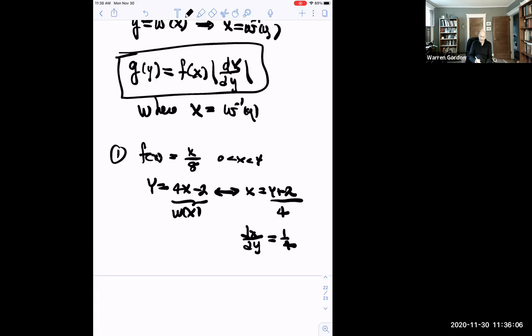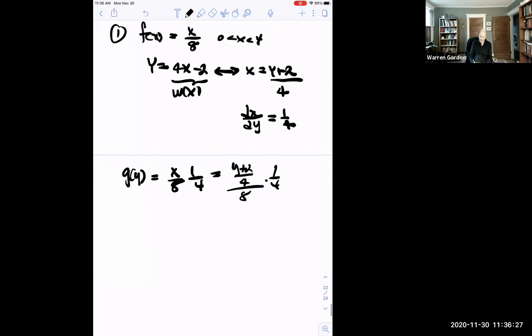So then according to my theorem, the way I've just written it, f of x was x over 8. The absolute value of dx dy is 1/4. But remember what x is. x is y plus 2 over 4. And this gives me just y plus 2 over 128.